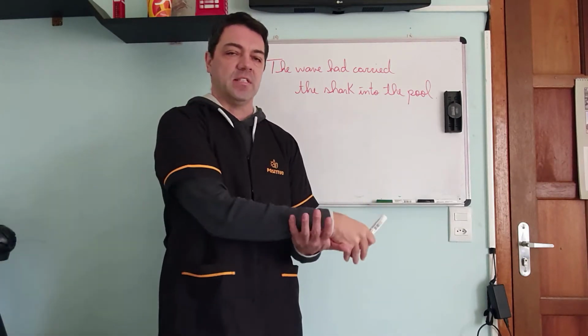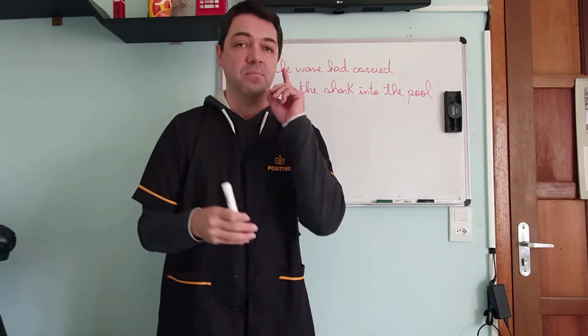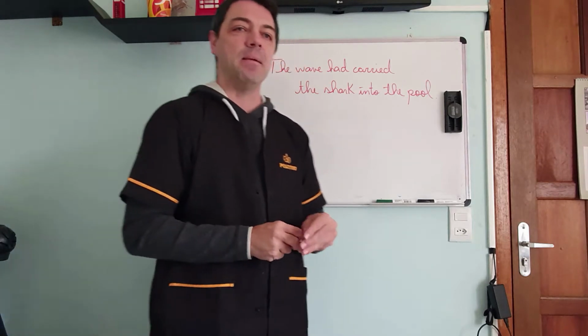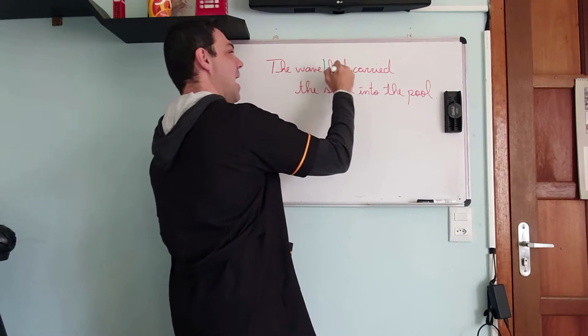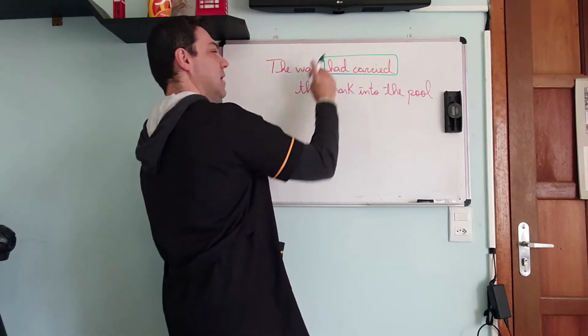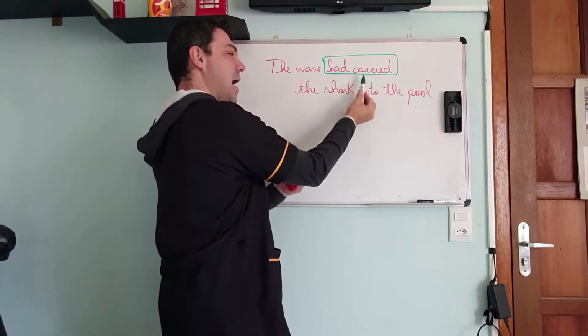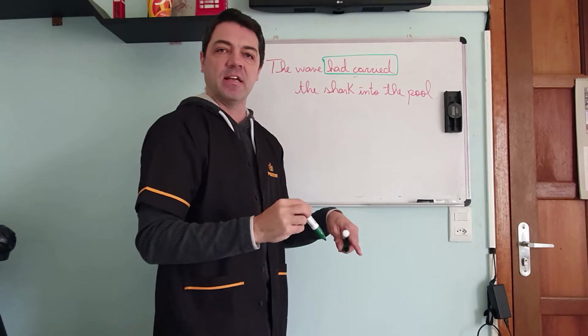The shark was in the pool and nobody knew how that shark had come into the pool. How the shark had come into the pool. That's the past perfect. So we have here, the wave had carried the shark into the pool. Because this situation happened before they realized there was a shark in the pool.